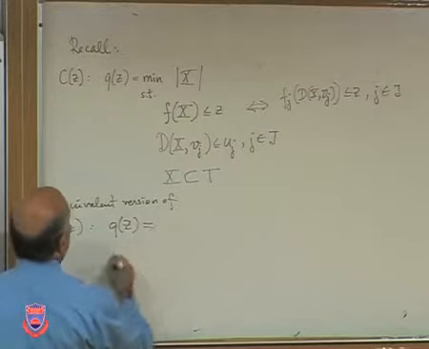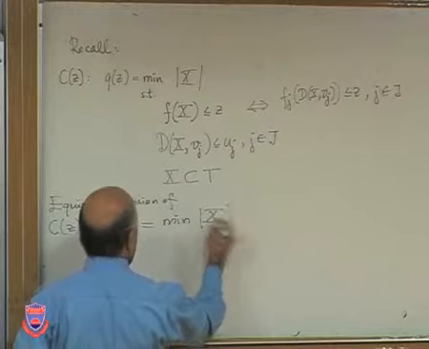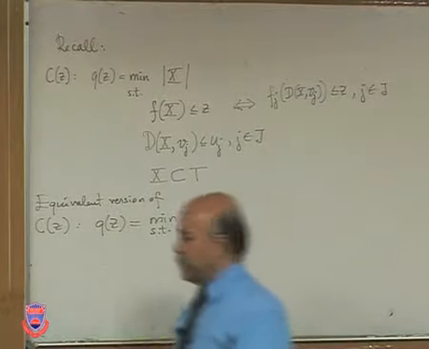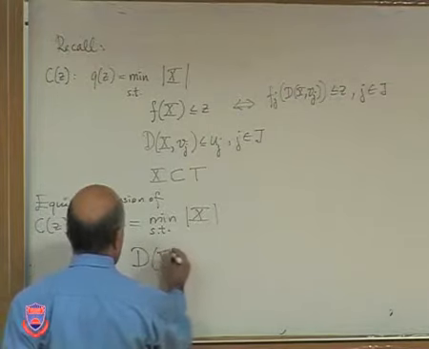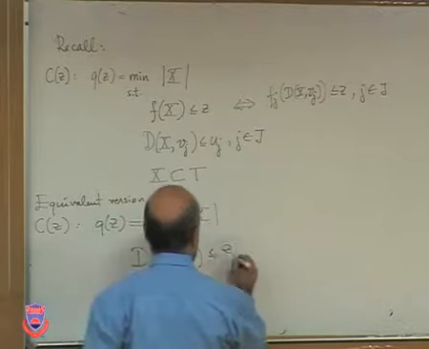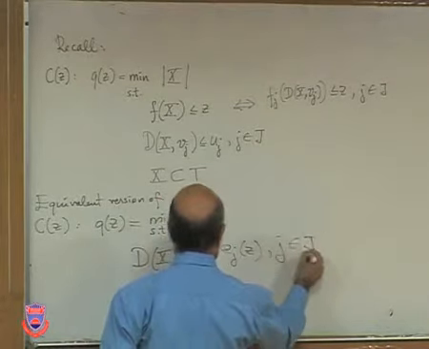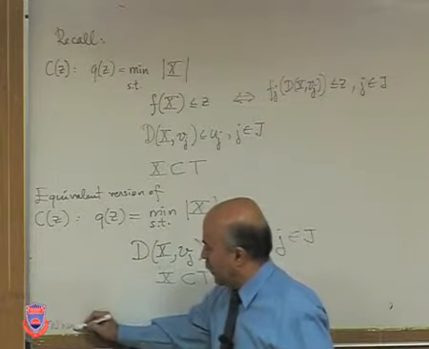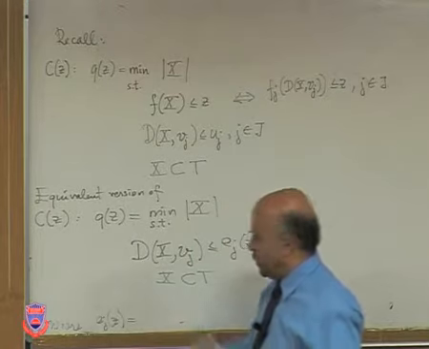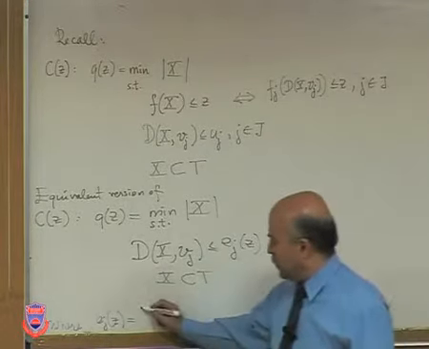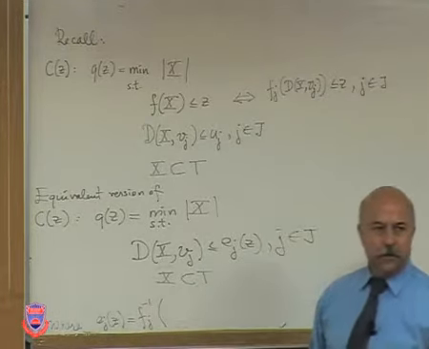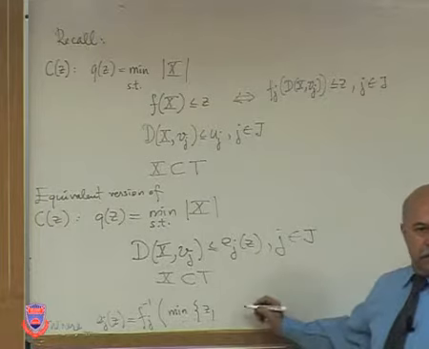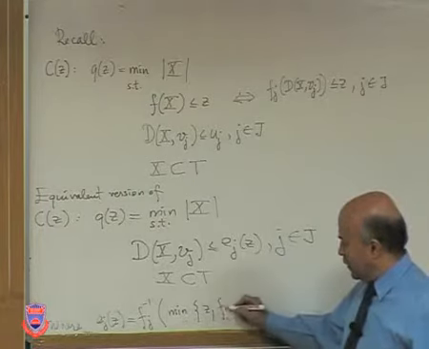You're still minimizing the cardinality subject to: now, this constraint together with that constraint is equivalent to each dx vj being less than or equal to ej of z, where, by definition, ej of z is equal to fj inverse evaluated at the minimum of either z or fj of uj.